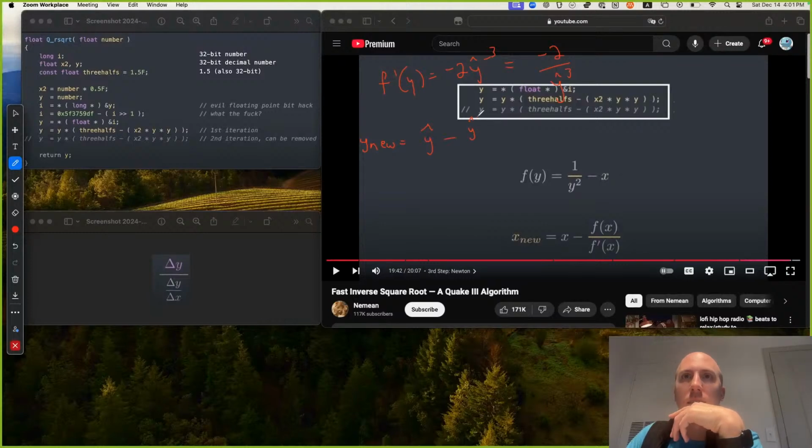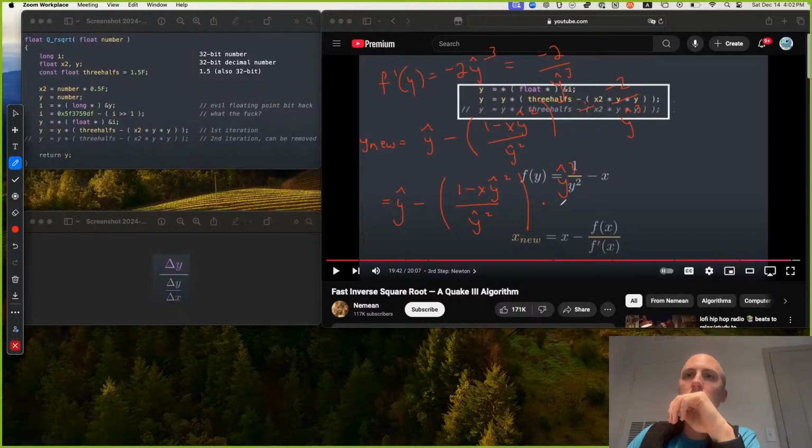So you could say y hat squared, no, minus 1 minus x times y hat squared over y hat squared, divided by, let's say it's just divided by negative 2 y hat cubed, is equal to y hat minus 1 minus x times y hat cubed over negative 2, is equal to y hat minus.